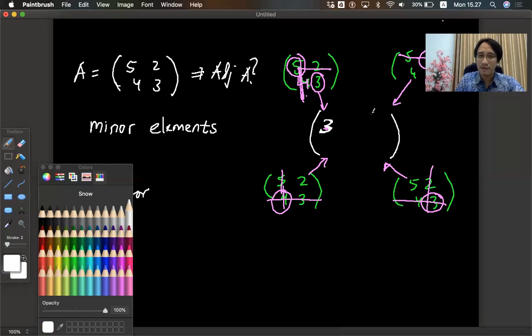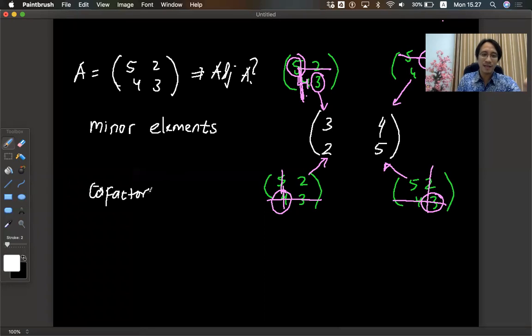So the result will be 3, 4, 2, and 5. Let's make it a bit clearer. So this is 3, 4, 2, 5. See, this is the minor element.